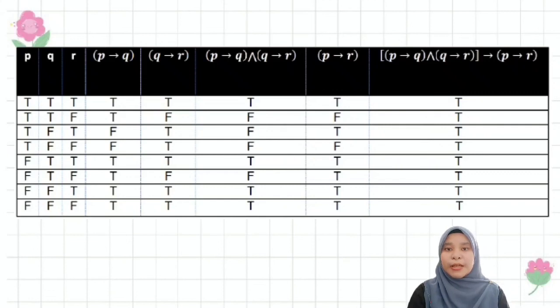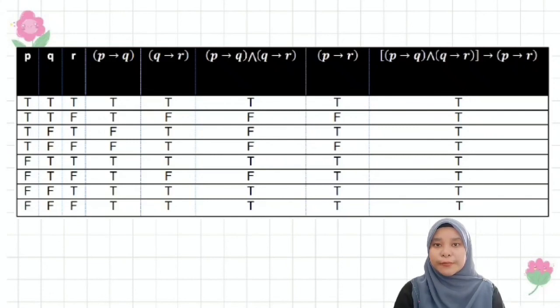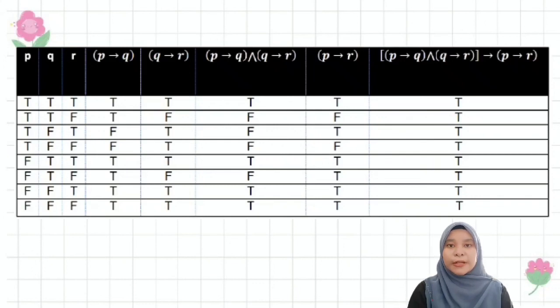For, in bracket, P implies Q and, in bracket, Q implies R, the result will be TFFF, TFTT. For P implies R, the result will be TF, TF, TT, TT. Okay, for the last column, we get all true for all possible outcomes. So we can conclude that this statement is a tautology.